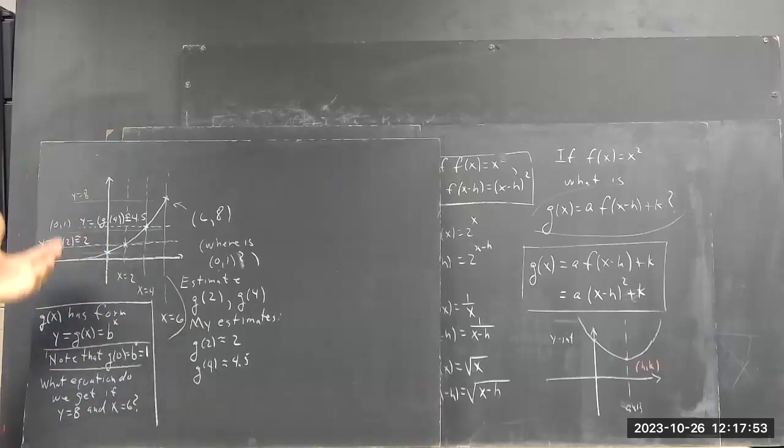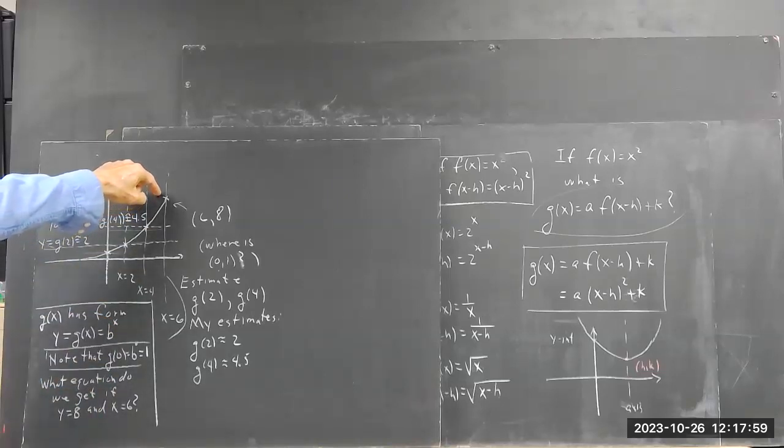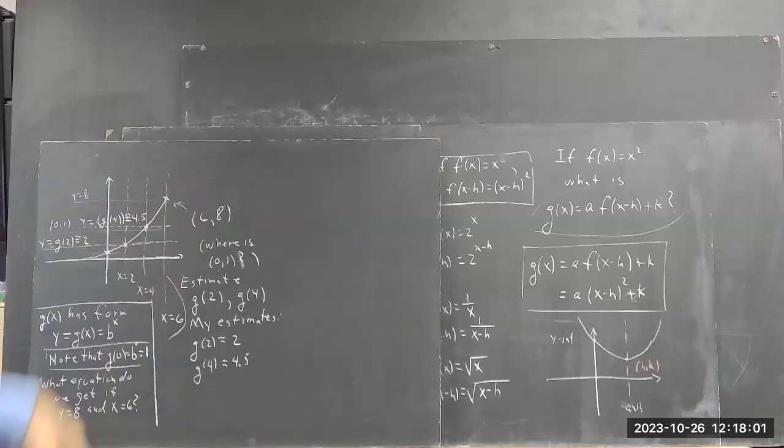The point (0, 1) is on the graph of this function. It's also going to go through the point (6, 8). So my question is, what equation do we get if y equals 8 and x equals 6? Can you write that equation down and solve for b?